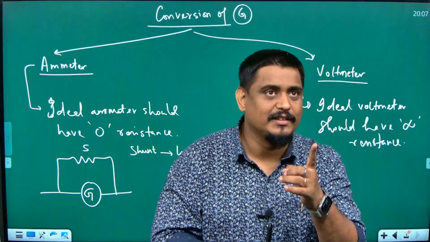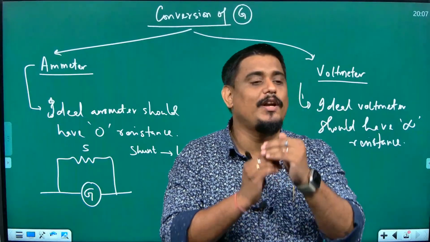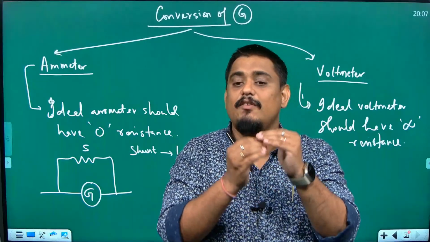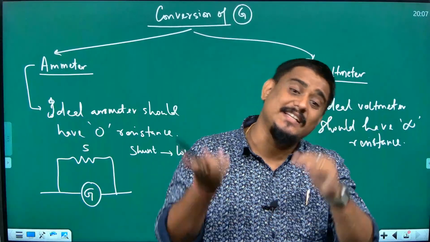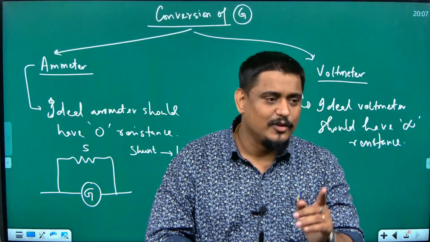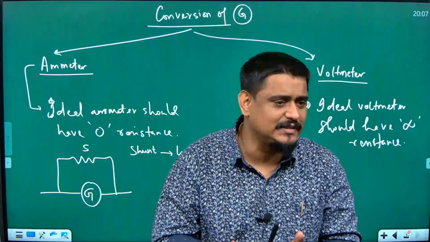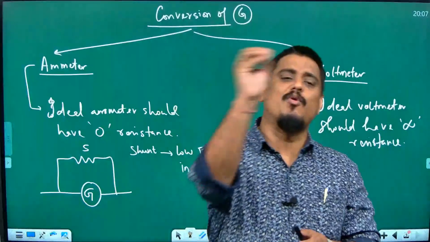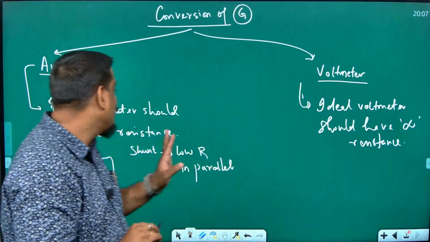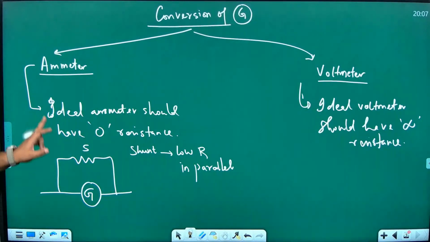Always remember, when two resistors are in parallel, the R equivalent is less than the least resistance. So whenever you want to reduce a resistance, add a very small resistance in parallel, it will reduce the resistance. So how do I convert a galvanometer into an ammeter?